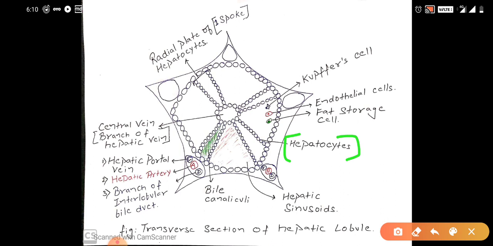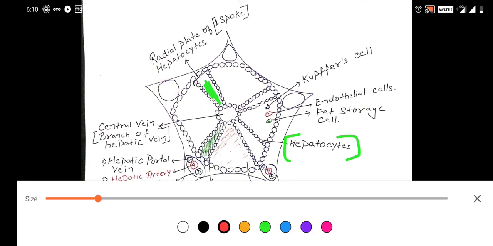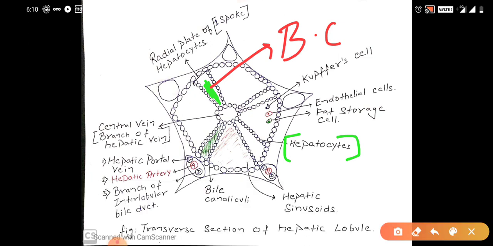The space between these two columns of hepatocytes, I mean inside one spoke or inside one radial plate, it is called bile canaliculi. Look, I have written here bile canaliculi.